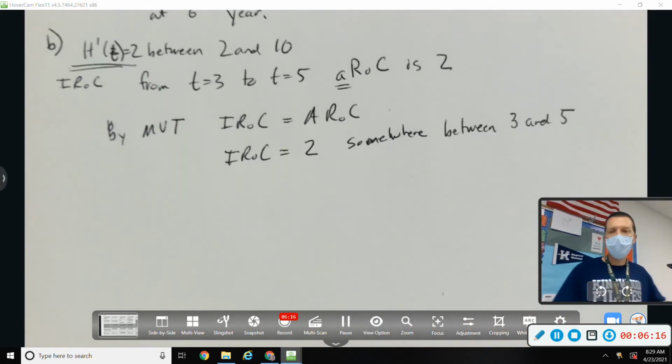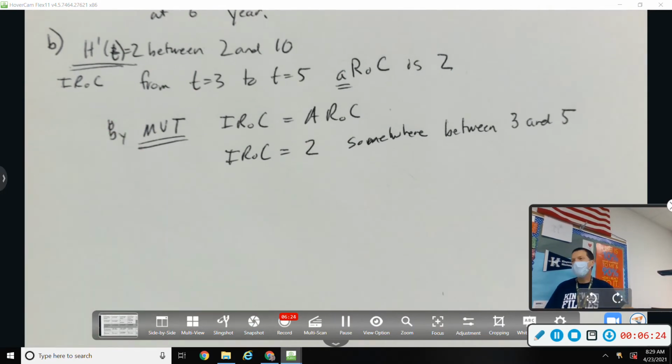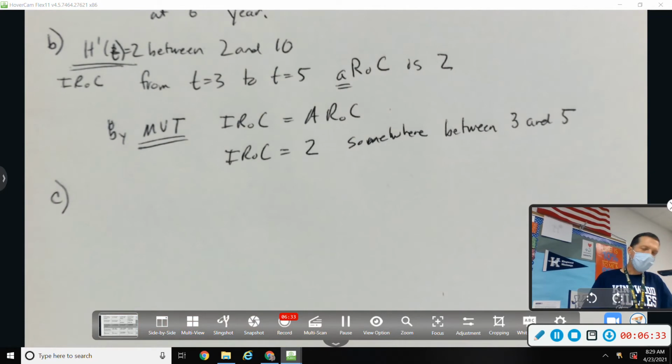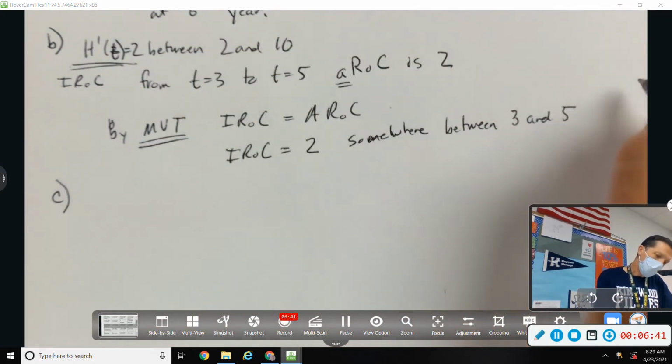We can give a little more specific answer. And they were explicitly looking for you to say MVT right there. The mean value theorem. And that was tricky because they didn't say use the mean value theorem. They asked a question that required you to know the mean value theorem. My guess is that's probably worth 2 points.